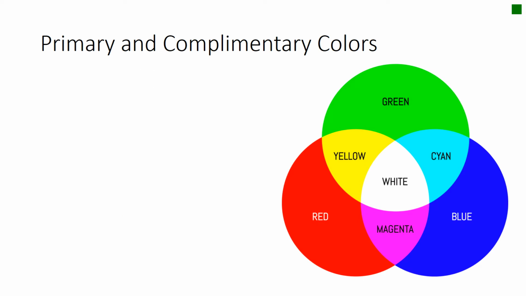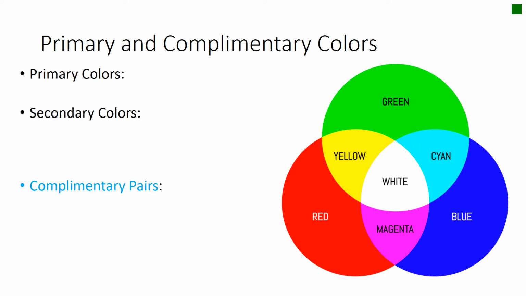So primary, secondary colors, and then a third category which the book comes up with. I shouldn't say comes up with. It's another vocab term that sometimes confuses people, so I wanted to make it its own individual slide: complementary pairs. Primary colors are going to be these guys: your green, your red, and your blue.